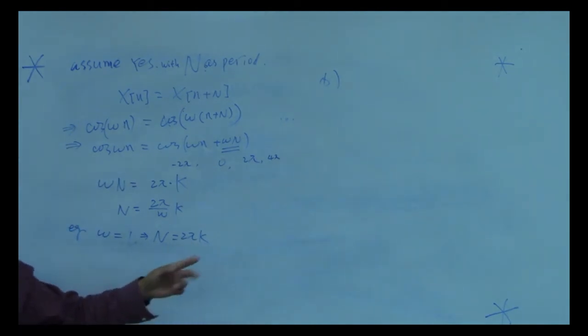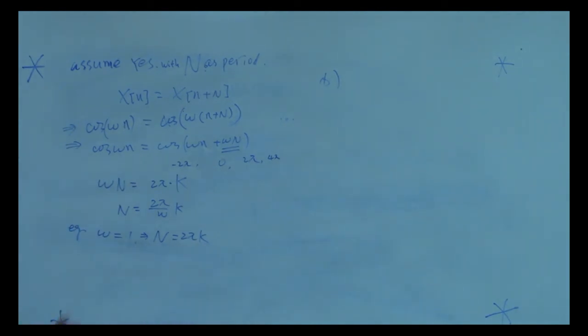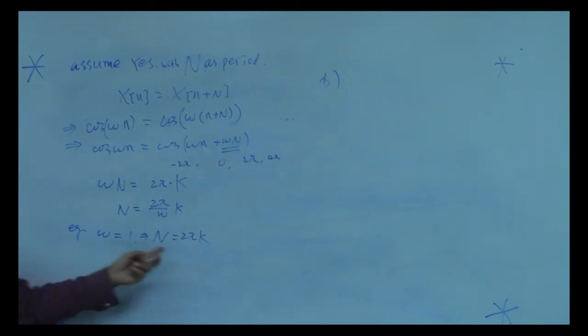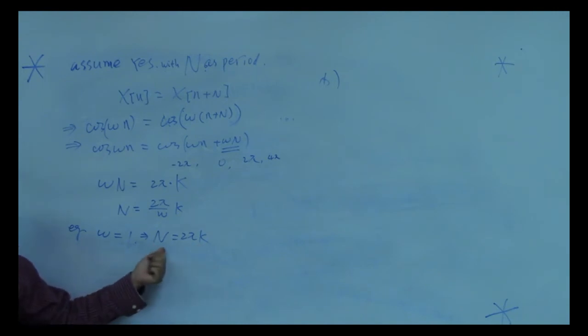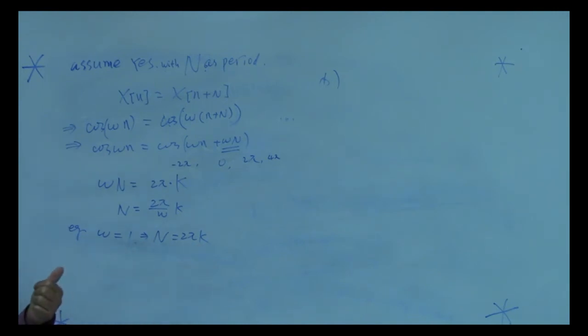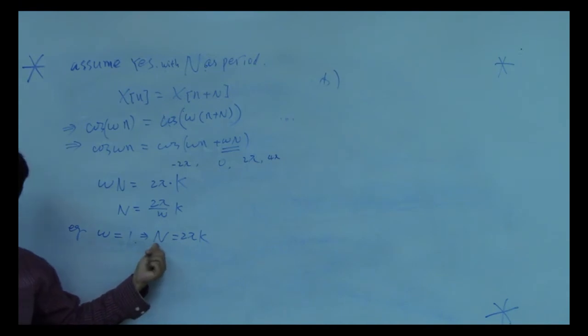What is pi? Pi is an irrational number, 3.1415926 or something. Then times 2, then times the integer. And we want this N to be an integer. So what happened? Can we make this one an integer?